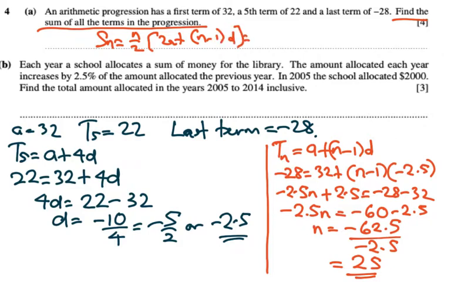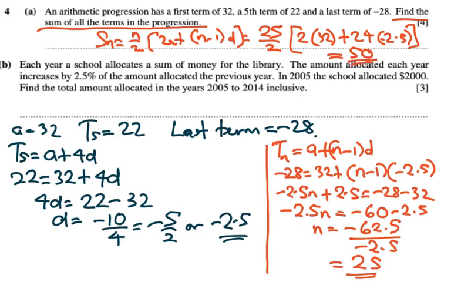How many terms are there? 25 terms, over 2, and then 2 times a, a is 32, and then plus n minus 1, so 25 minus 1, which is 24 times negative 2.5. Use your calculator. From here I got my answer as 50.